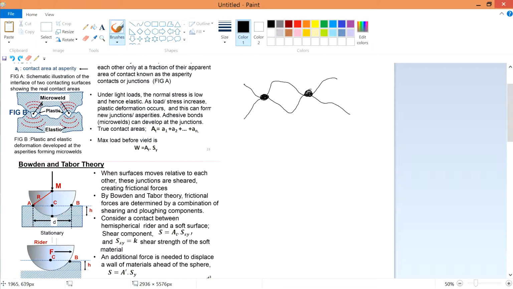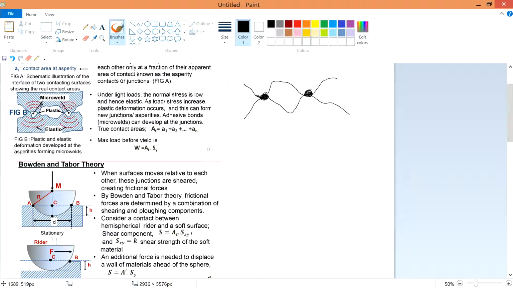They will generate heat that will cause welding between them. Plastic and elastic deformations are developed along all these asperities, forming this type of micro welds. So the deformation causes micro welds to happen. You just need to take note of that.